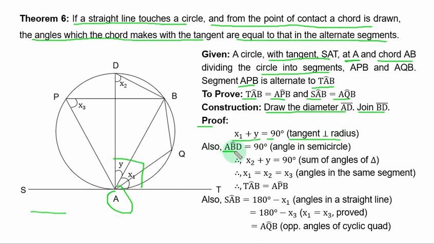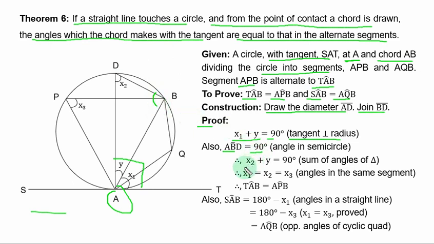Also, angle ABD is equal to 90 degrees. Angle in semicircle, since AD is a diameter, this angle is an angle in a semicircle and it is equal to 90 degrees.